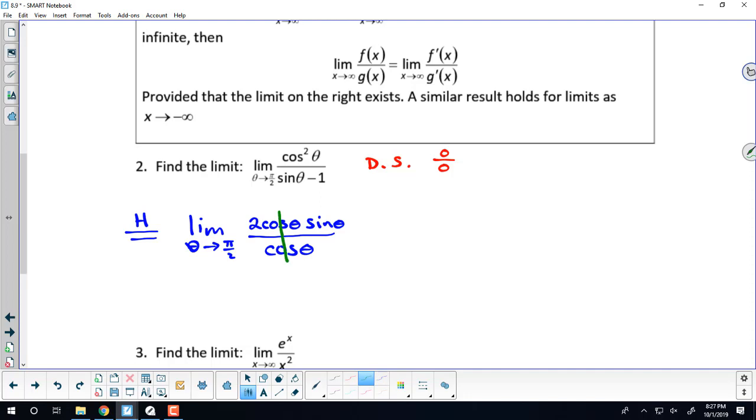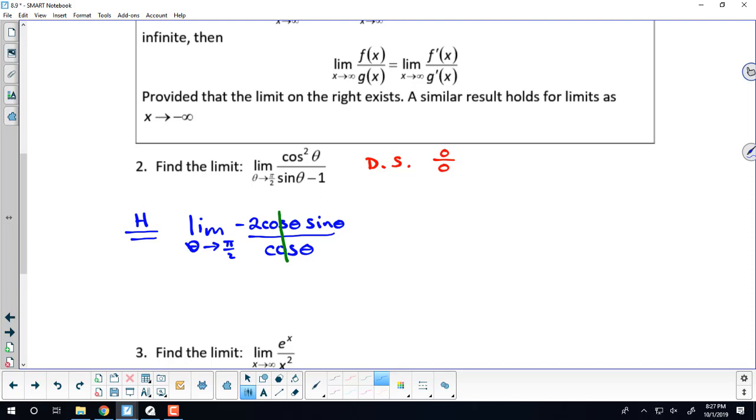So can we compute the limit as theta approaches pi over 2 of 2 sine theta? Well, yeah, negative on top, because the derivative of cosine here is negative sine. So wherever that negative goes, the point is that gives the derivative of the top and bottom. Remember, sometimes you have to apply this rule more than once, depending on what you end up with.